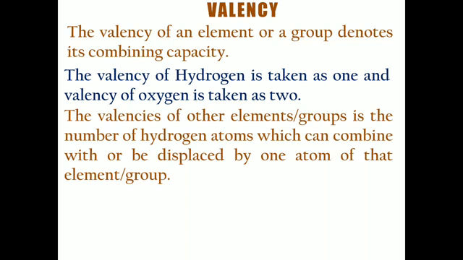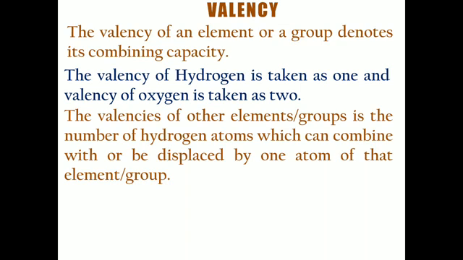For example, we have already seen the example of ammonia in the previous video. NH3 is the compound, ammonia. Nitrogen is accommodating 3 hydrogens, so indirectly we can say that the combining capacity of nitrogen is 3.